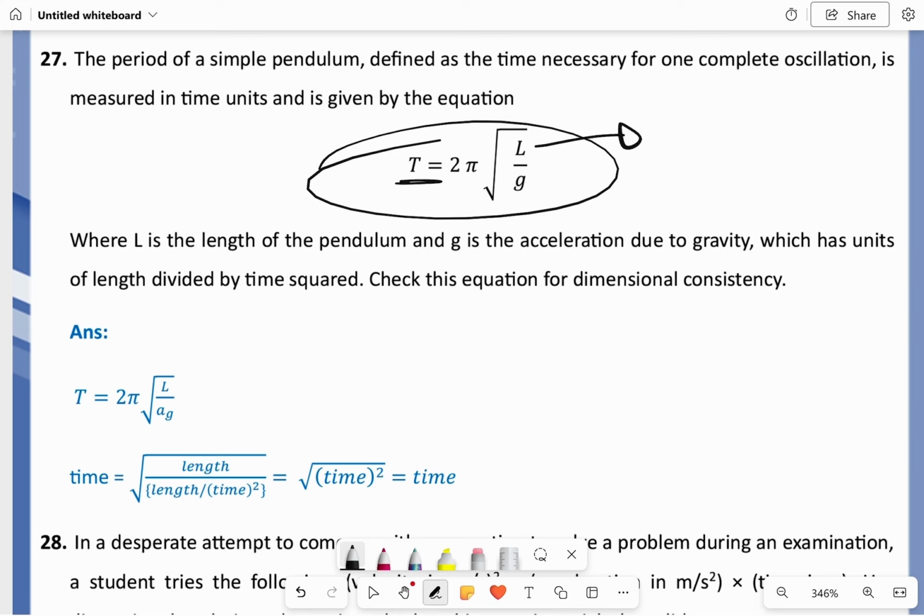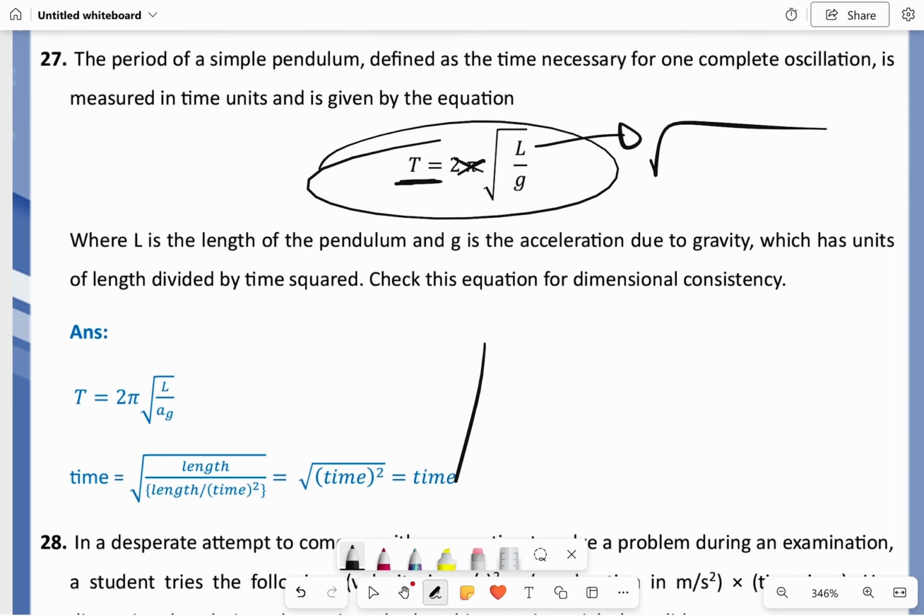Now, you have a square root, which has length divided by gravitational acceleration or gravity. So you have meter, so you have square root, leave this 2 pi. T is what? Is time.